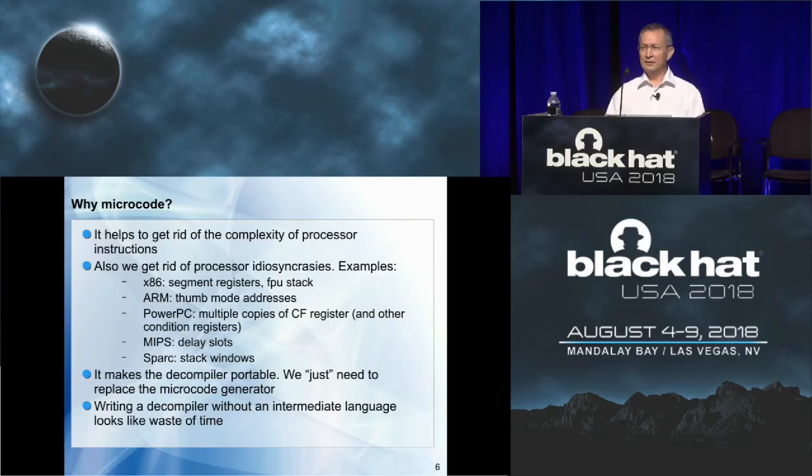For example, the x86 processors have segment registers. The floating point processor has a stack. The ARM processor has thumb mode addresses that have the low bit set, which is ignored by the processor, because if you have an odd address like 13, for example, the function to call is located at the address 12, but the last bit signals to the processor that when performing the call, it should switch to the thumb mode.